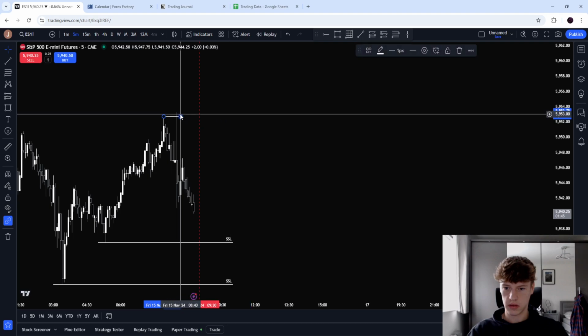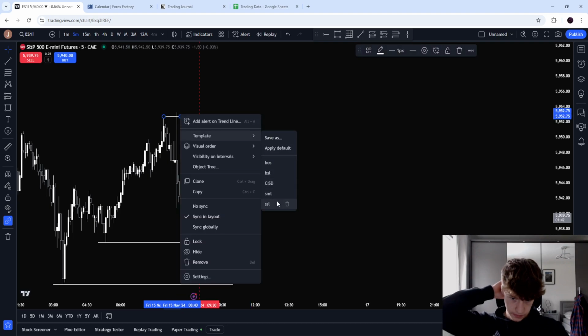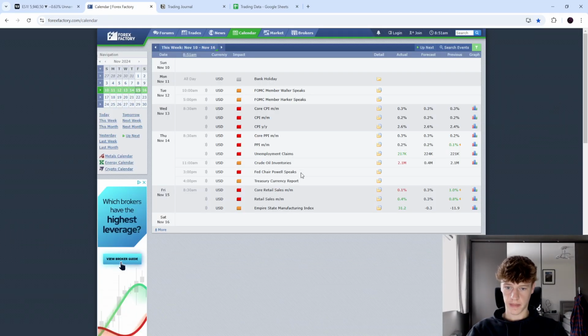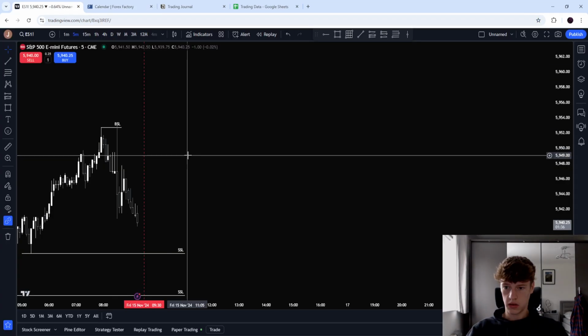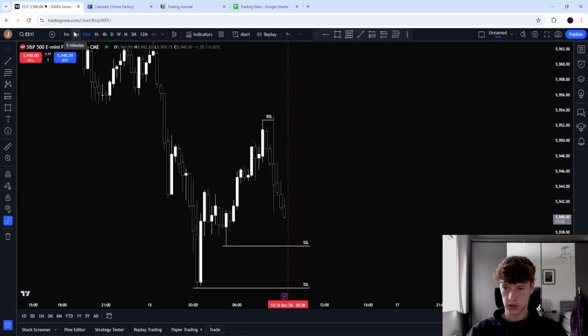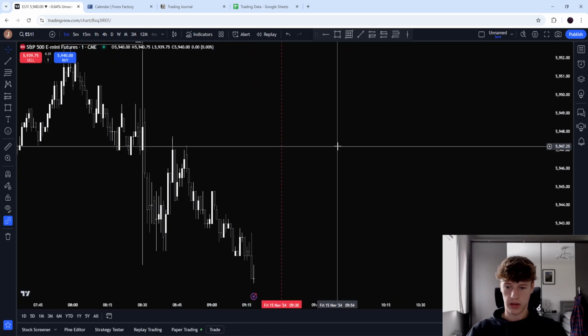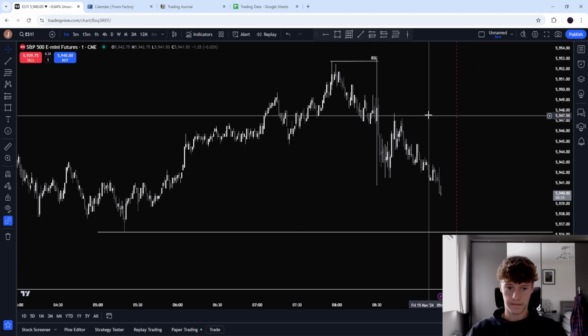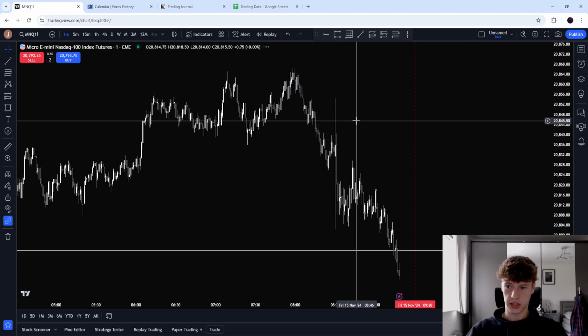And we can observe that 8:30 news on ES took out the buy side of this range. Took out this buy side right there. And NQ didn't.